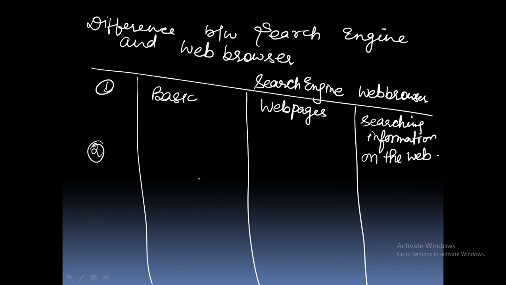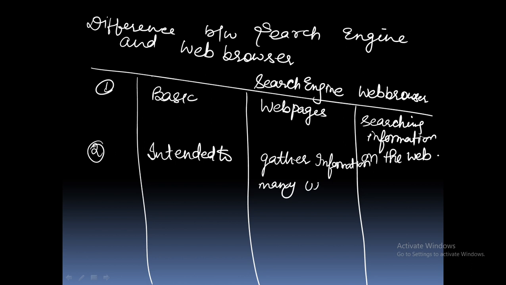And the second difference is according to intended to. Search engine is intended to gather information regarding several URLs. Means in search engine we can gather information regarding many URLs.